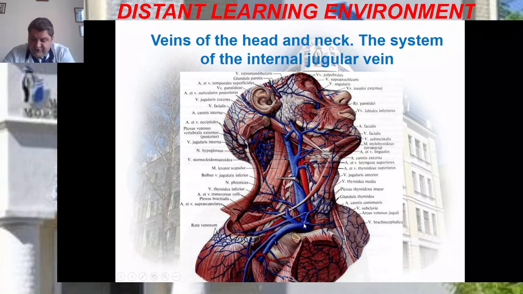There are one or two valves in the vein in the neck region above this distension. In the neck, the internal jugular vein is covered by the sternocleidomastoid muscle, which is cut on this picture, and the omohyoid muscle. You may see this muscle here.